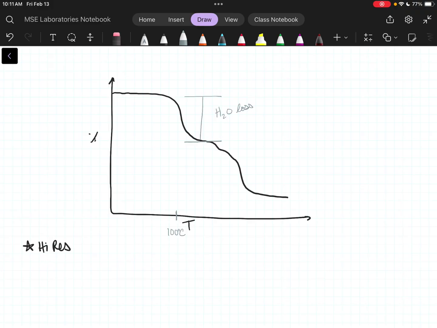I'm remembering my x-axis is probably temperature, and my y-axis is probably like percent or milligrams. I have not drawn scale here, but let's say this is like 100 degrees Celsius-ish here.